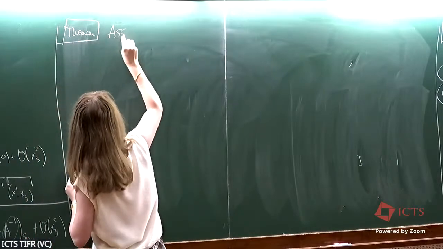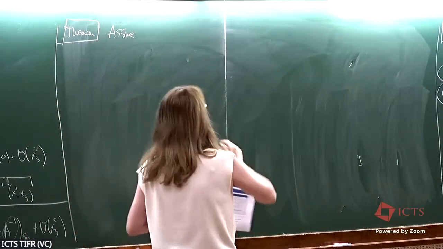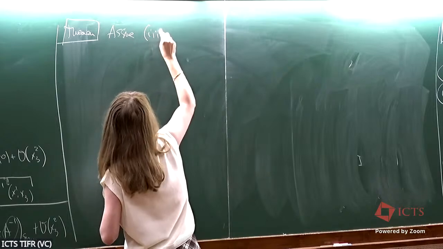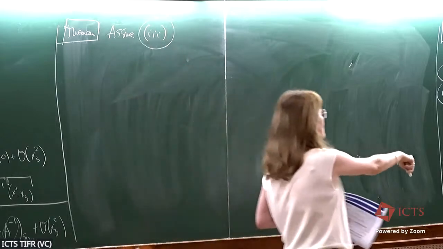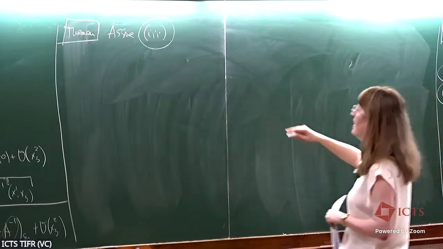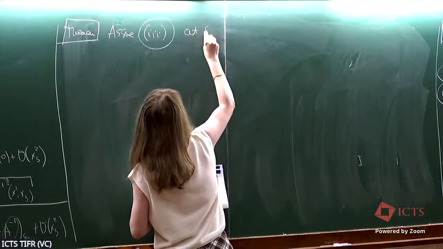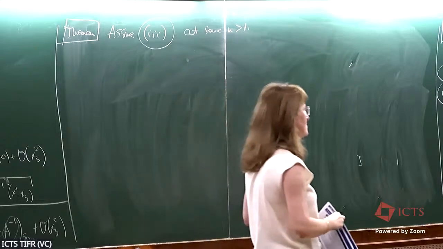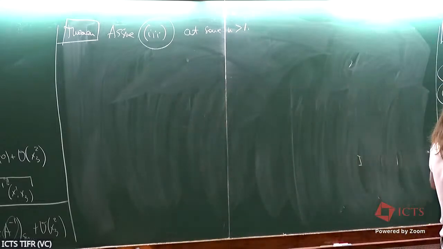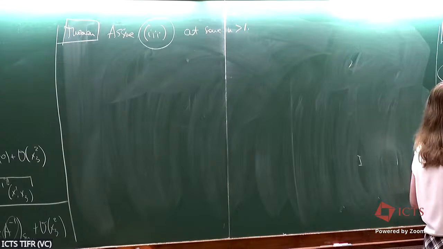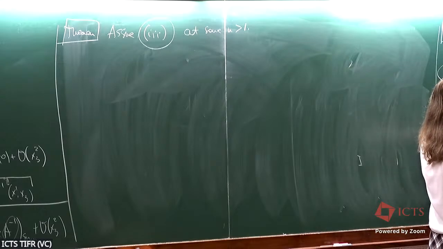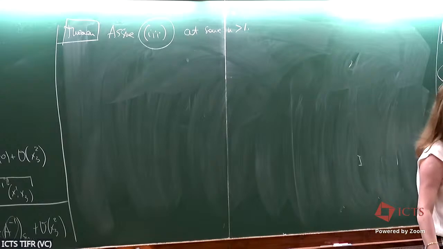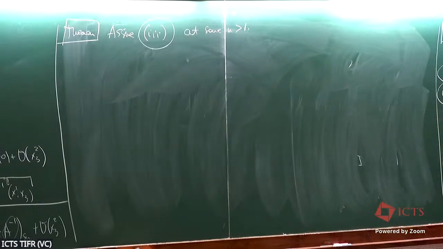Assume condition 3 in the big theorem at some n strictly bigger than 1. Okay, so assume that I know that this condition is equivalent to the infimum of the energy scaling like h to power 6 or h to power 8, I don't know, any of them.